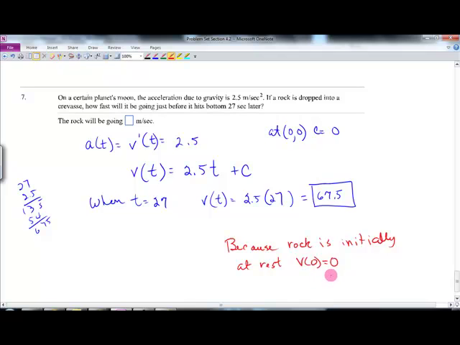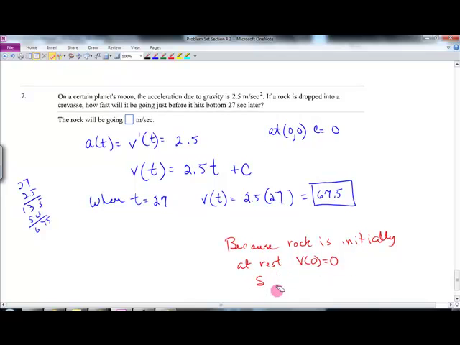And if you substitute that, substitute 0 for v of t and for t. Okay, so if I do that, I get that 0 equals 2.5 times 0. So 0 is 0 plus c. So c has to be 0 in our equation. All right, so it's negligible.